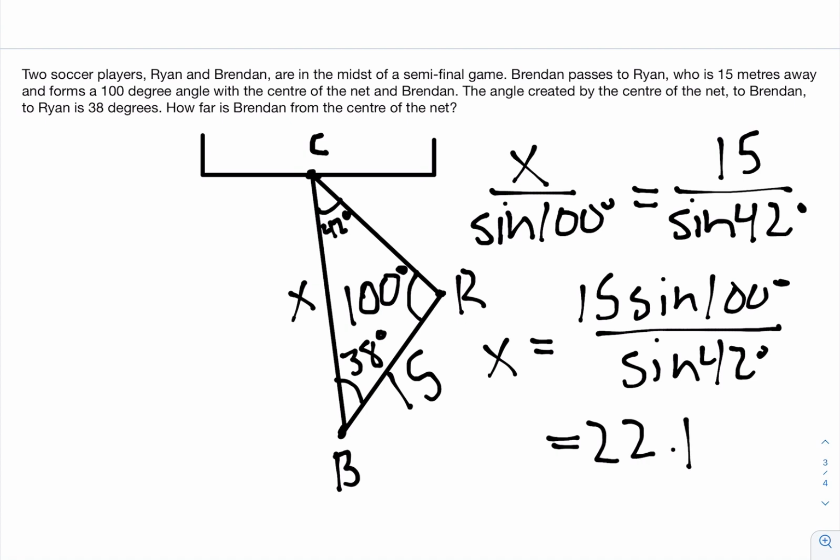So let's just look at this here. This 22.1, we're saying that that goes right there. That looks about right? Because 15 is about 2/3 of that, right? So it kind of makes sense if we think about scaling and everything.